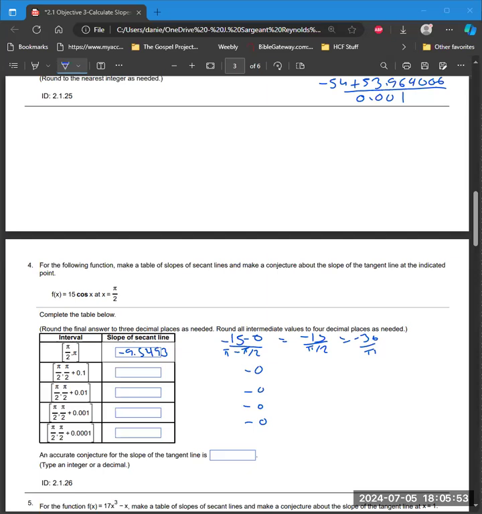That gives me a negative 1.4975. This is over 0.1. So we're going to make this 0, negative 14.975.